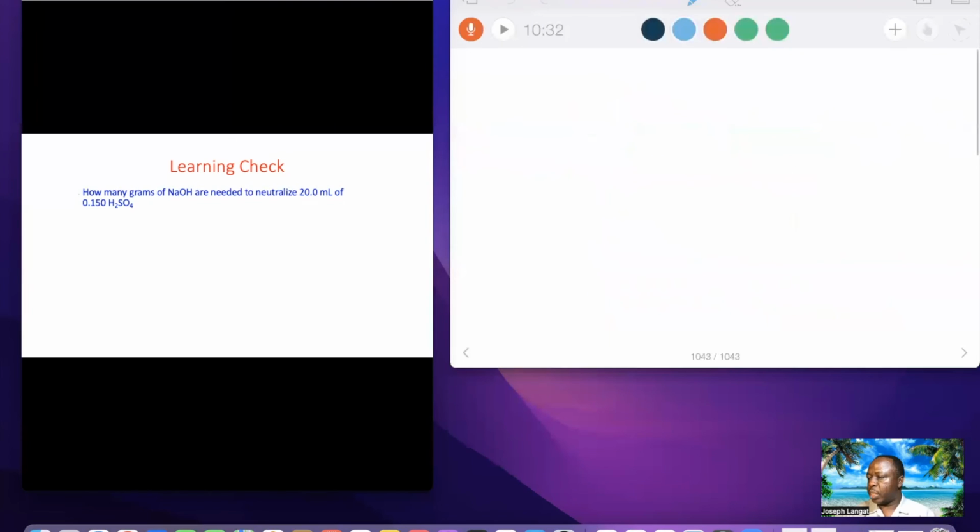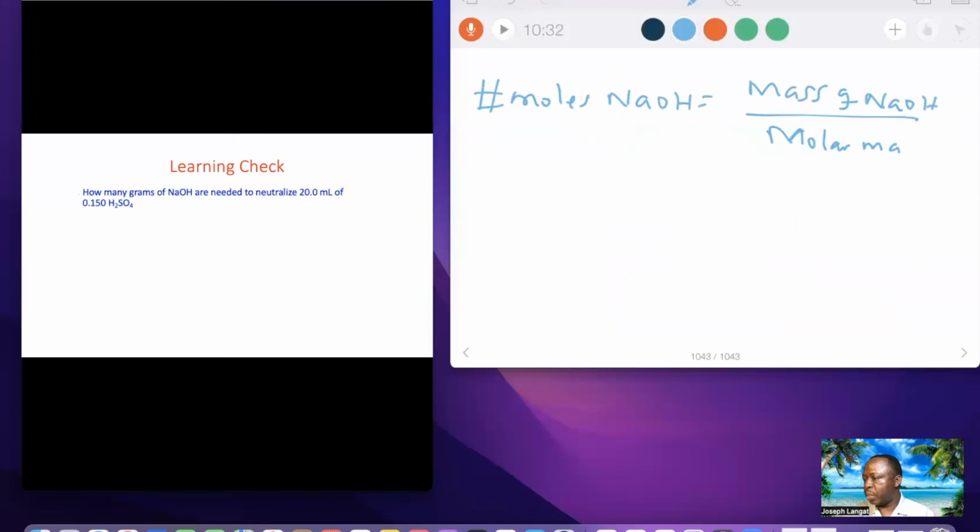So this is a standalone number of moles of NaOH, given by the mass of NaOH over the molar mass of NaOH, which means mass in grams is given by molar mass times number of moles.